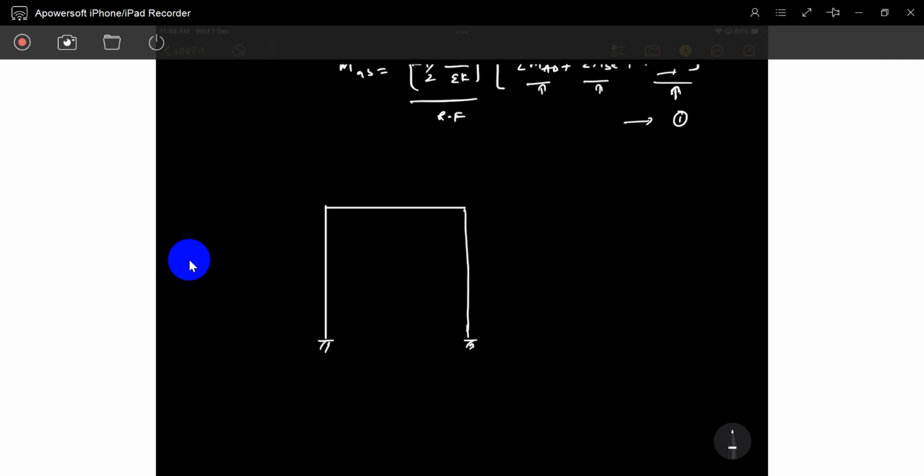In continuous beams you don't expect a sway. Only frames you will expect a sway. Okay, so see, I take it, this is P, Q, R and S. If the sway has happened, what does that mean? A shear is there in this frame.